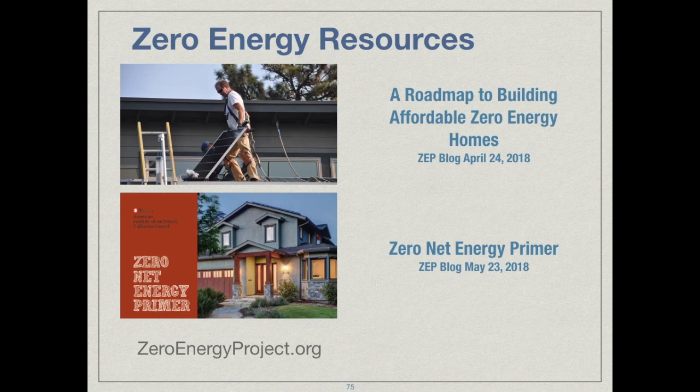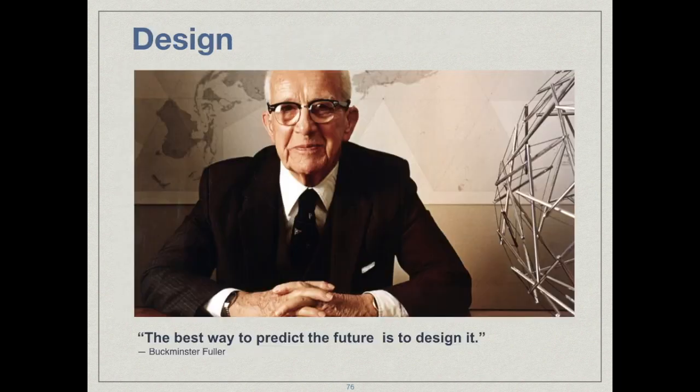That one covers everything I've talked about today and then some. So you'll find some additional ideas in there. There's also a really great book written by Ann Edminster. It's intended for California architects, but it really applies anywhere. Some great ideas on how to build a net zero energy home. That's called the Zero Net Energy Primer.